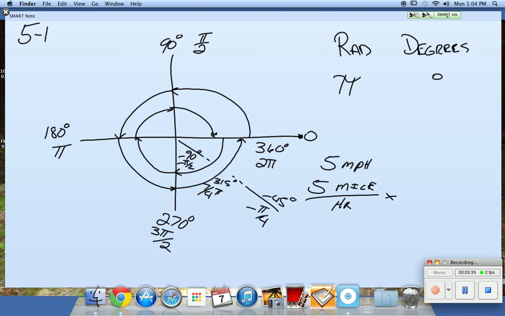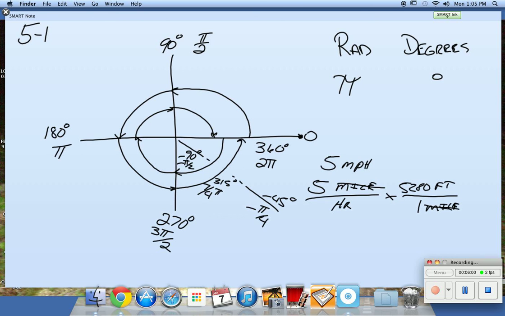I would multiply 5,280 feet by 1 mile. My miles would cancel out, and I'd be left with feet per hour. Remember doing that kind of stuff? It's the same thing we're going to be doing with radians and degrees.